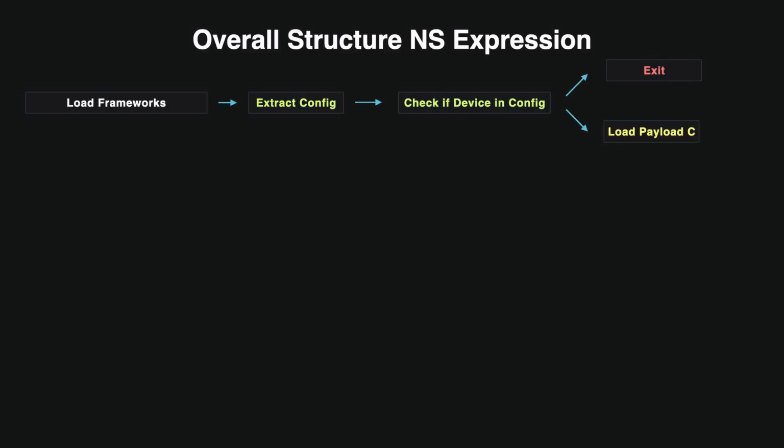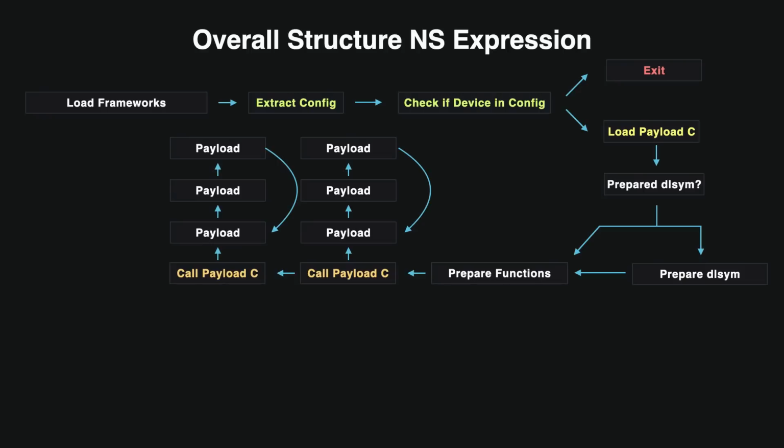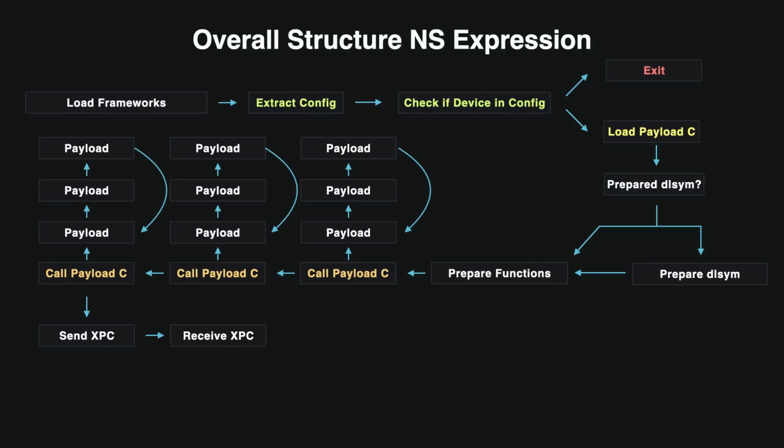Then it was loading payload C, preparing DLSim, preparing some functions, and then afterwards it would call payload C 3 times, and payload C would actually read an object from the stack. And they were using those objects that were read from the stack in order to send XPC messages and receive XPC messages.